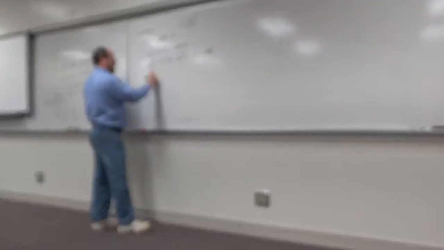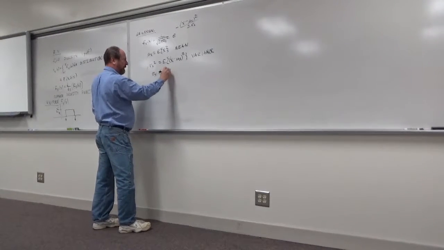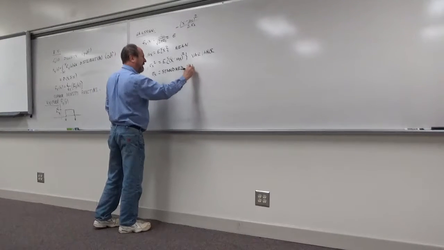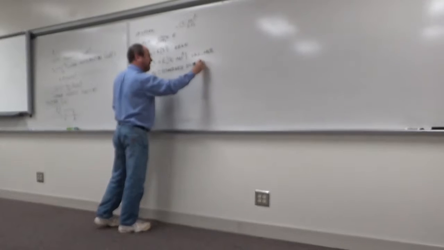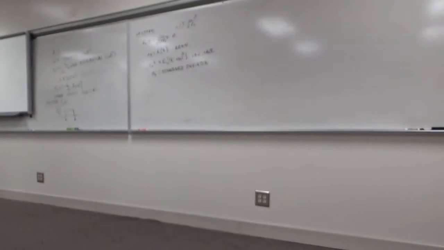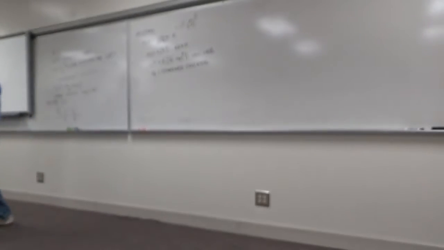And sigma x is the square root of that, which would be called the standard deviation. If you've taken a probability course, all of you have had EGR 252 here, which is primarily statistics. Statisticians love the standard deviation, but we, other engineers, typically talk in terms of the variance.